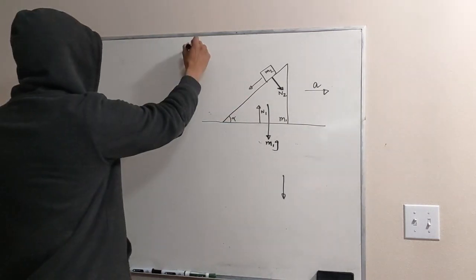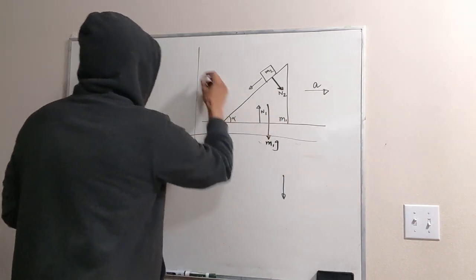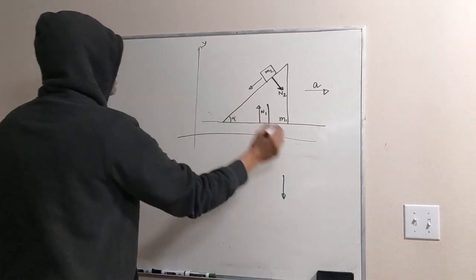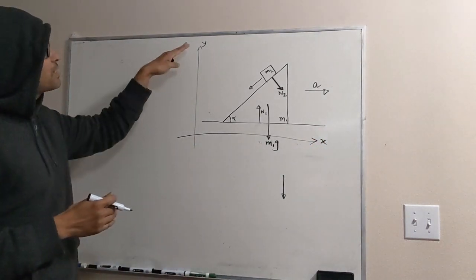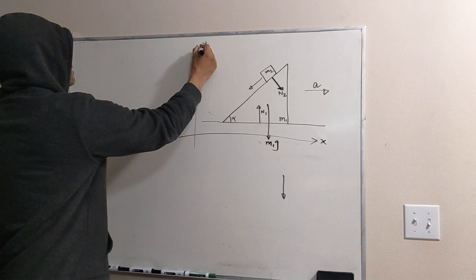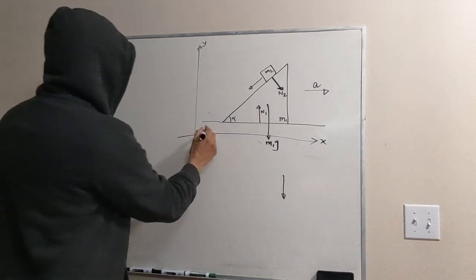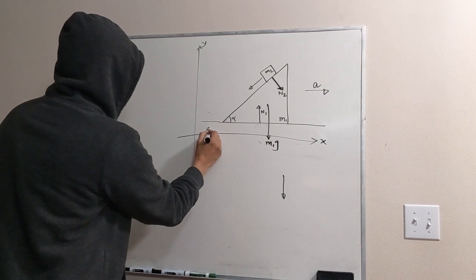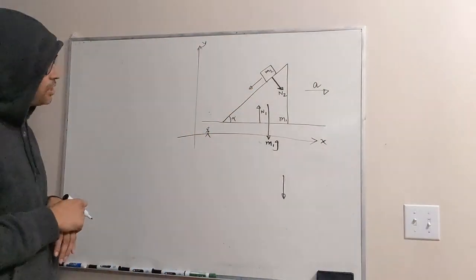So obviously the frame of reference is this thing, right? And this is the y-axis, this is the x-axis. And we can say this frame of reference is inertial, it is not moving. Let's assume that. So this frame is not moving, and from this frame, say you are sitting here somewhere on this frame, and you are observing the motion of this object m1.